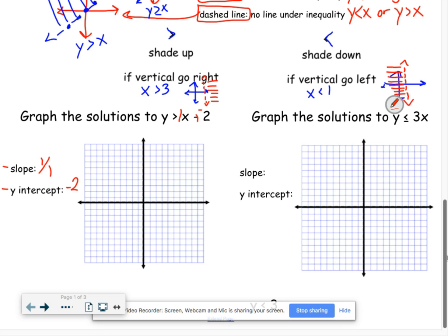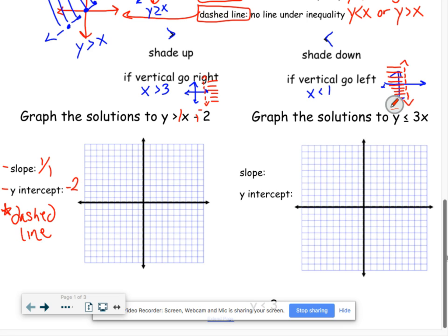So I'm going to go ahead and graph this. I always just make the dots before I do any kind of connecting, and maybe even write it down. You don't have a line under your inequality, so this is going to be a dashed line.